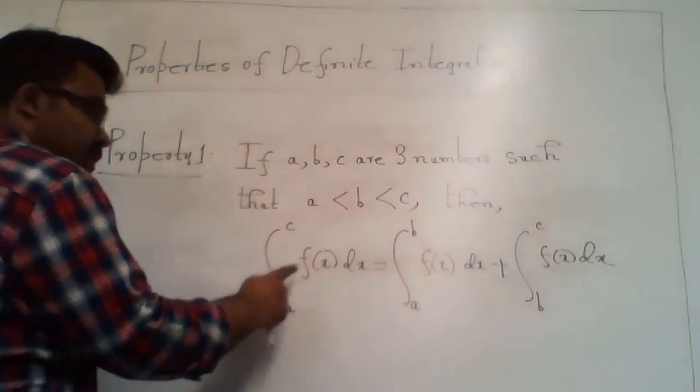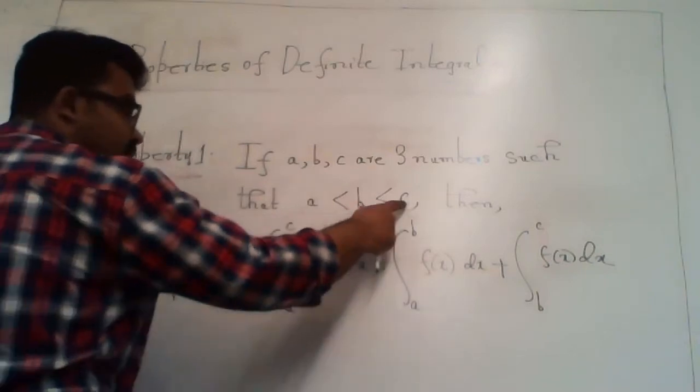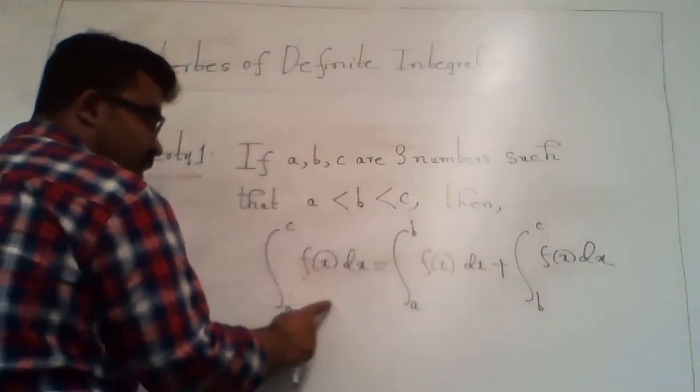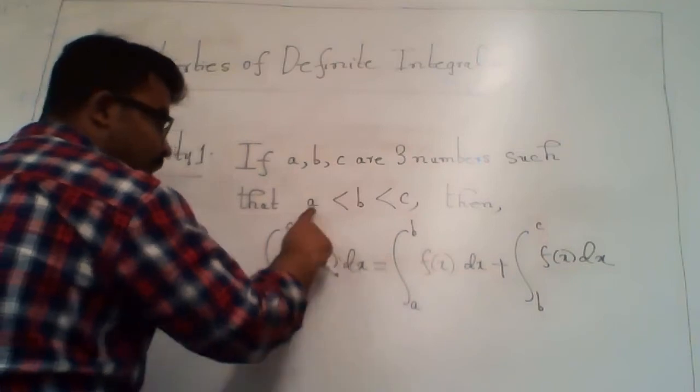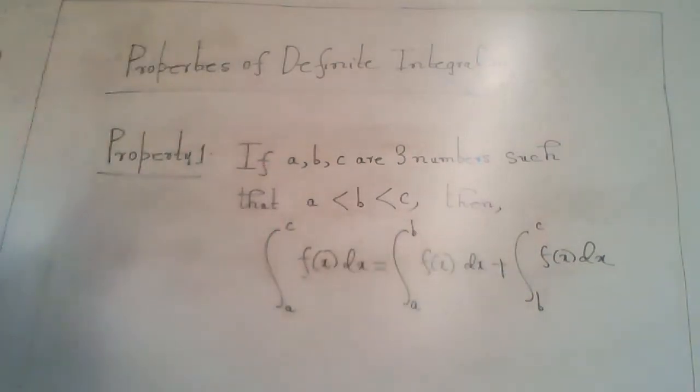So integration from A to C f(x) dx is the same as, we can break it first from A to B then plus from B to C. Okay, so this is the first important property of definite integral.